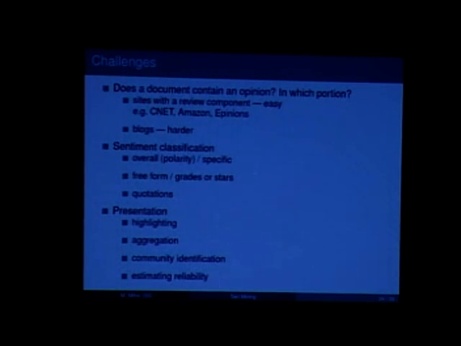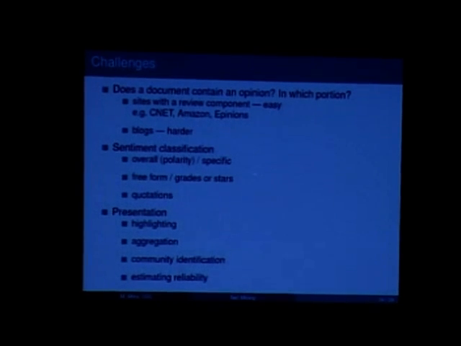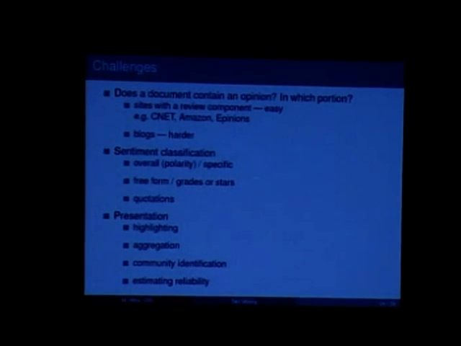Here you can think of what Flipkart, Amazon, or IMDb do: for each review, you have a potential rating for the reviewer, where you say n out of so many users found this review useful. That's a rating for the reviewer, and some sites already provide it.